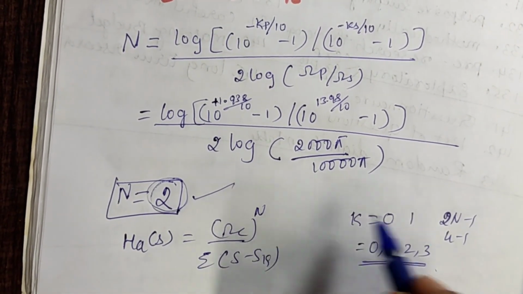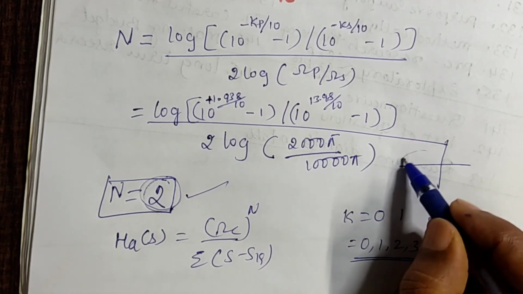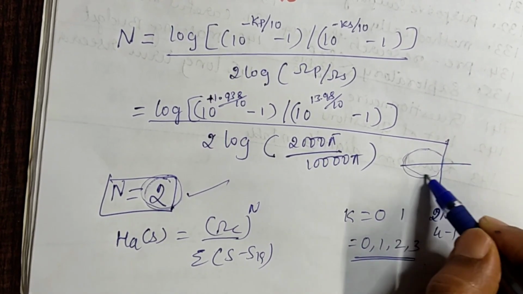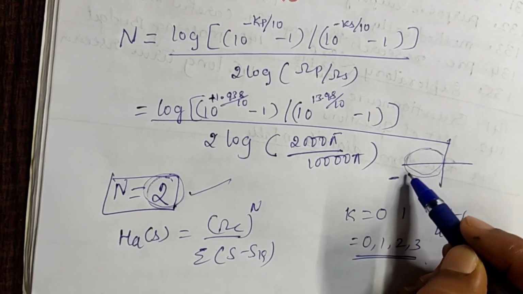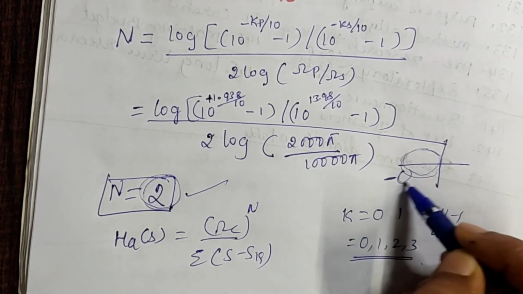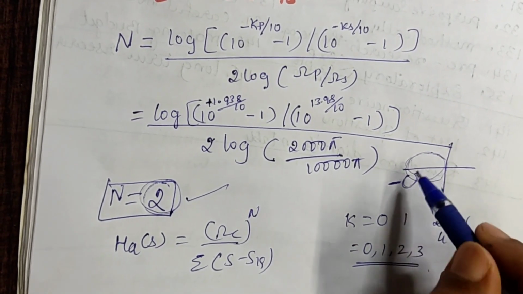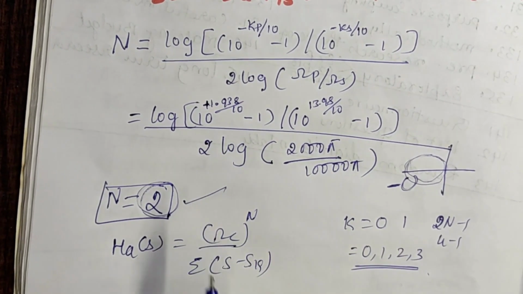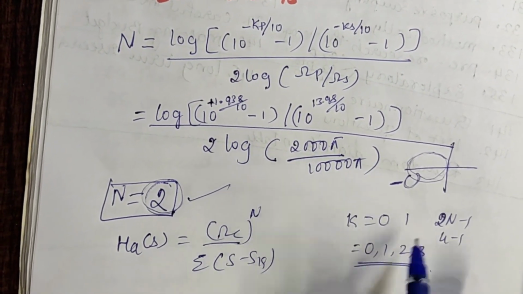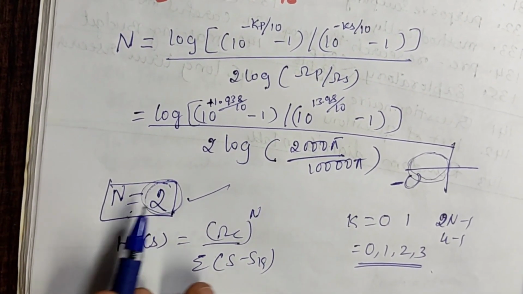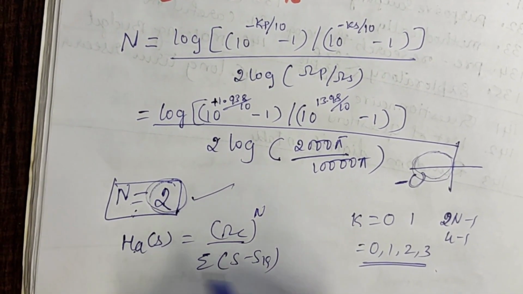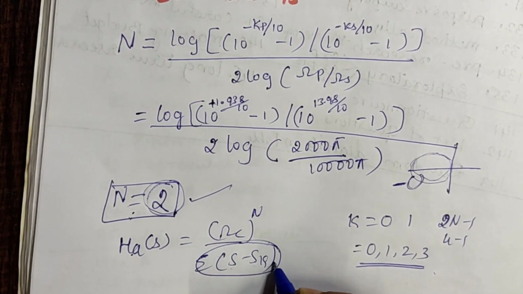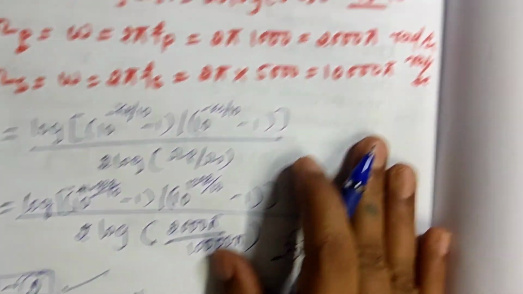How are we going to consider them? Poles which lie on the left side of the S plane, that is, poles with negative real value, those poles we can consider here. So you can calculate it, or else you can directly remember the denominator for n is equal to 2.